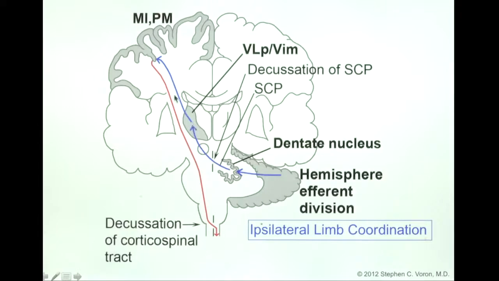So for voluntary movement, there is no direct cerebellospinal pathway. So voluntary movements involve the cortex in this obscure and sort of backward way.